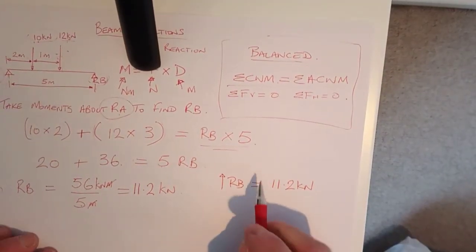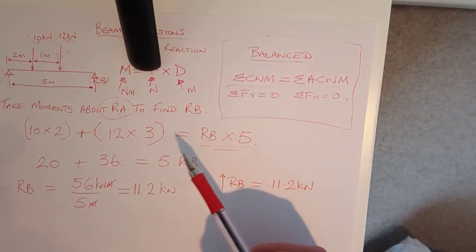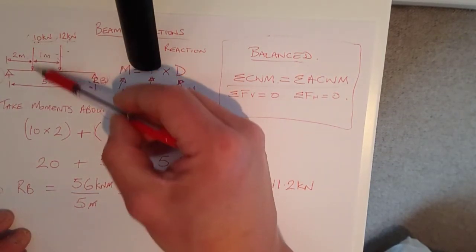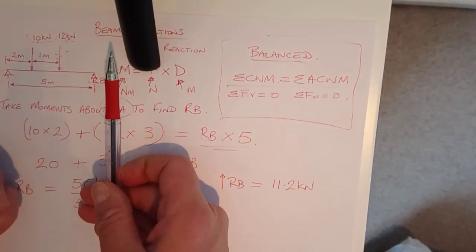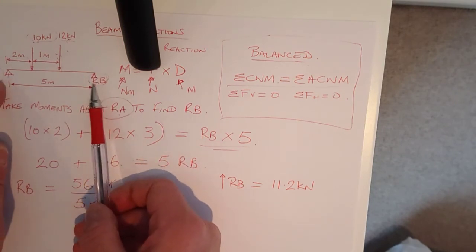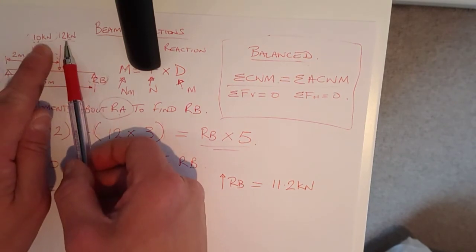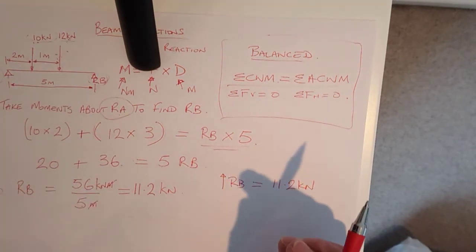However, the easy way is to state that since this is balanced, the total amount of force acting down the way is equal to the force acting up the way. So RB and RA added together will equal these two forces acting down. We know the forces acting down are 22 kilonewtons in total.